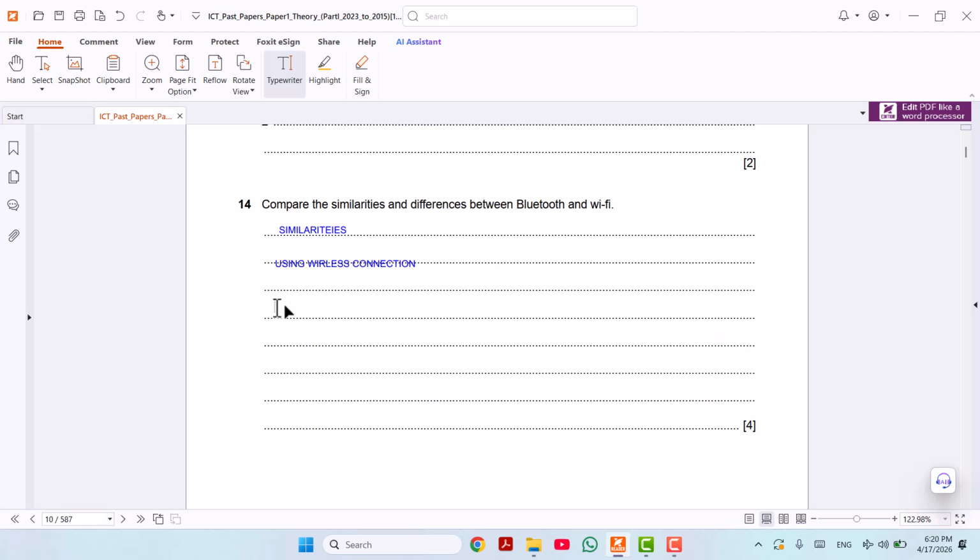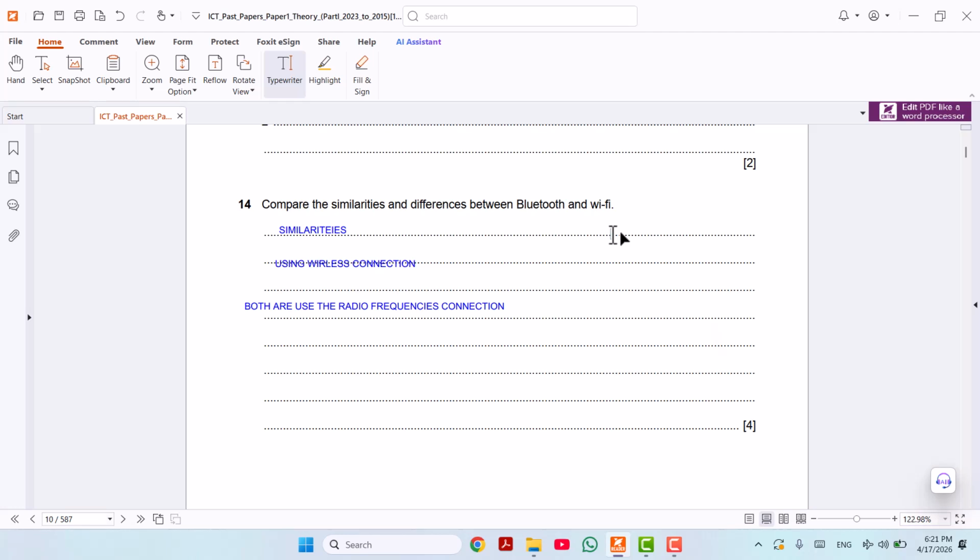Number two, you can say both use radio frequency communication. You can say two or three, no problem.